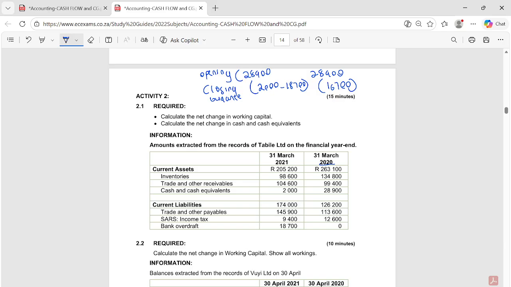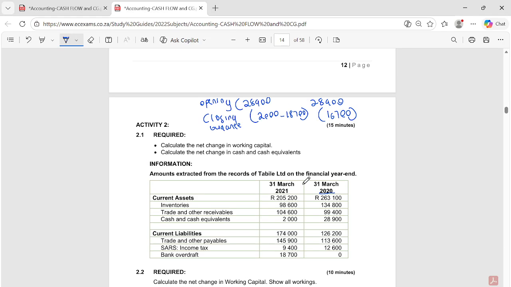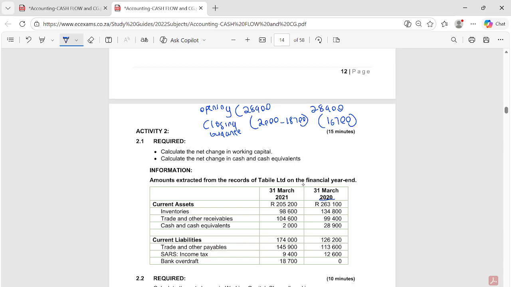Don't forget the rule. The net cash and cash equivalent plus the opening balance has to give you the closing balance.